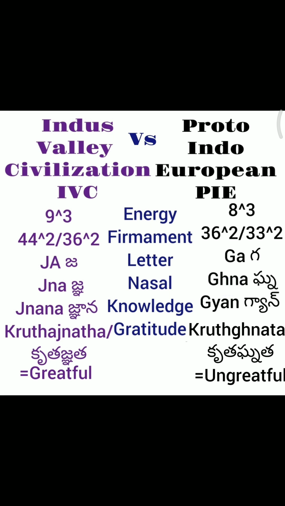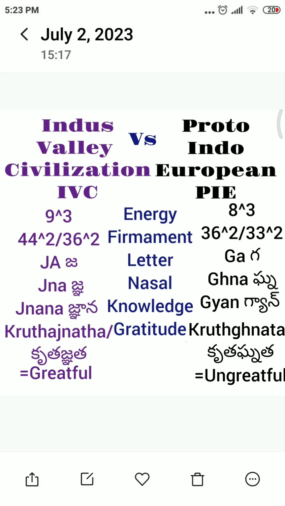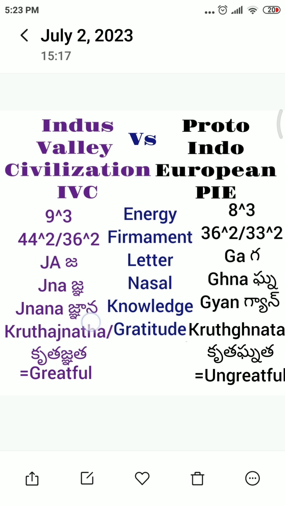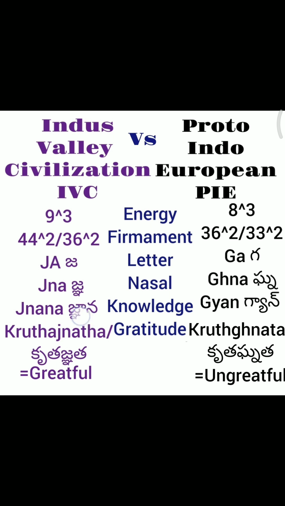That is why, if you observe the pronunciation of the word knowledge in true Sanskrit, it is written like jnana, using this gna. Though it is pronounced as gna, this is not gna. It is actually ja with a nasal stress. So that is jnana. This should ideally be pronounced as jnana.